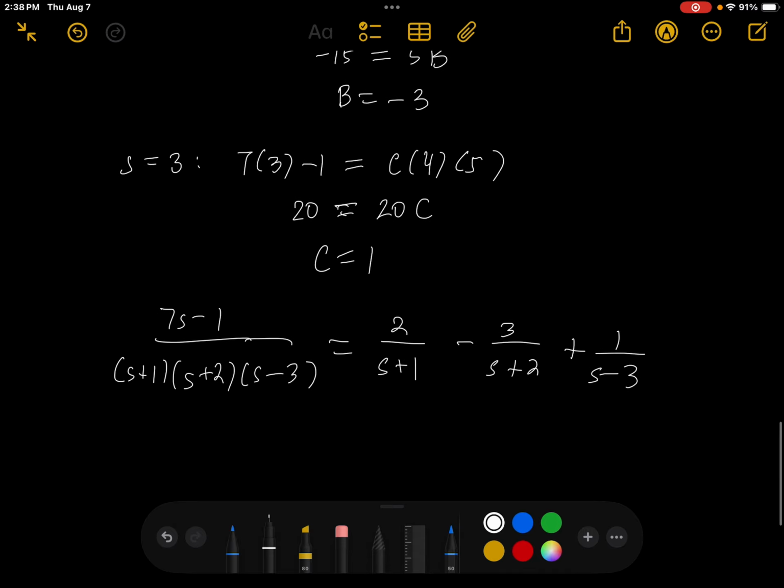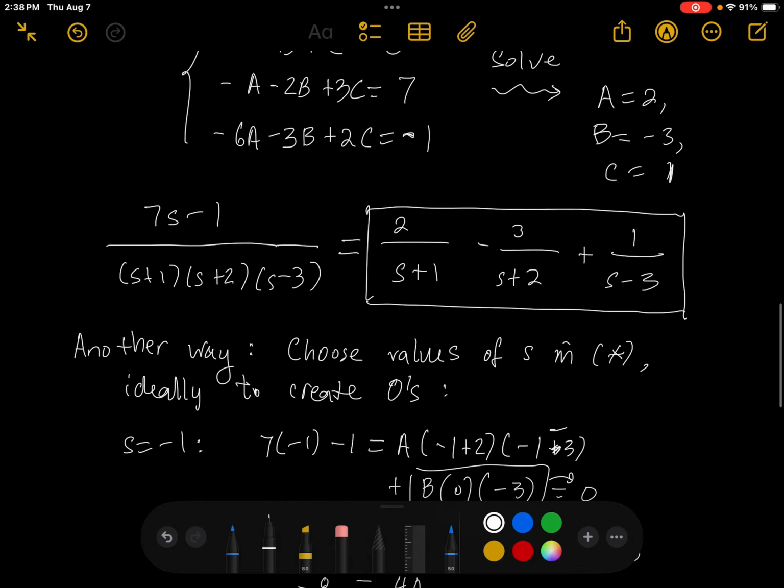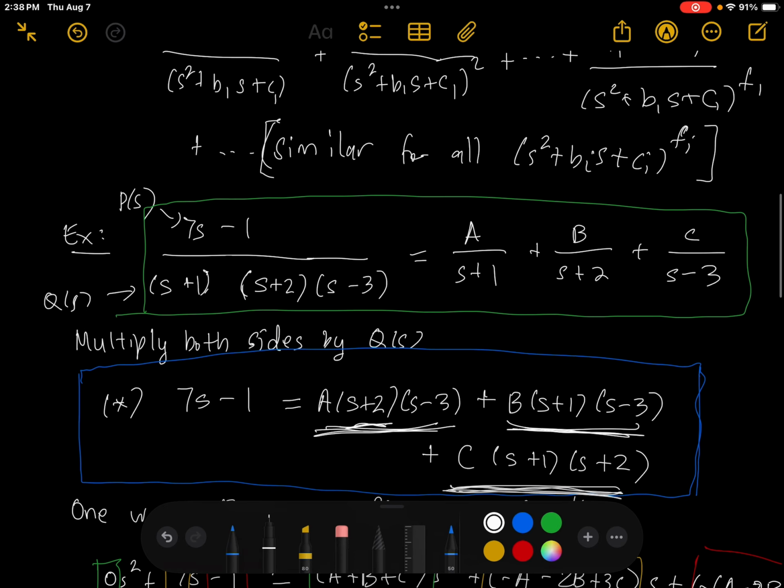Right? Same as what we got before. So that's another way of doing it. And that's what you get when you have distinct linear factors. So this was the easiest case when you have distinct linear factors.